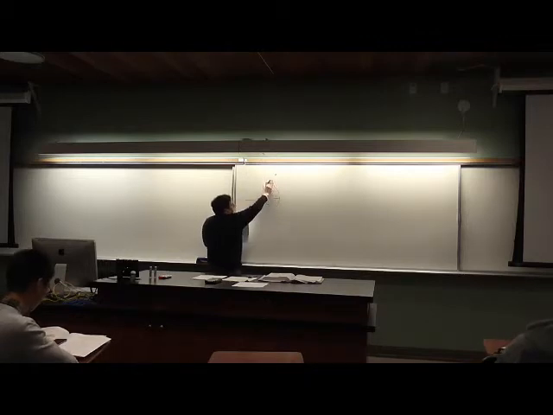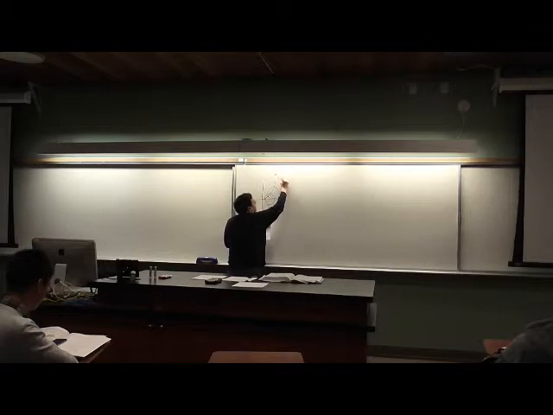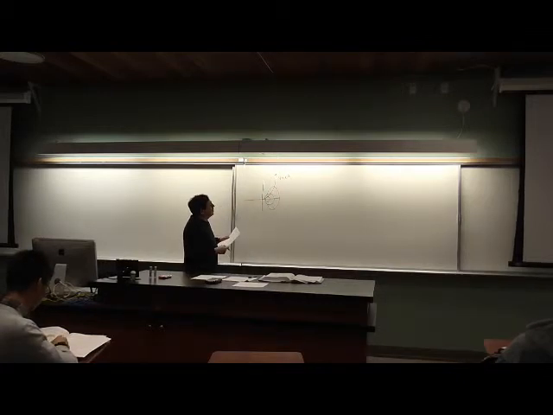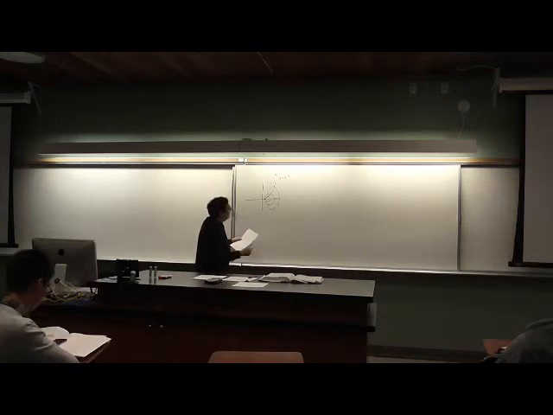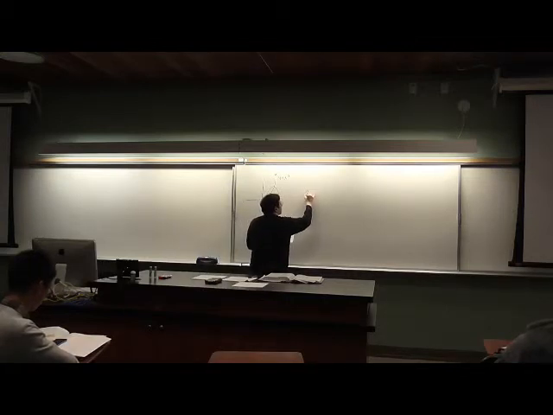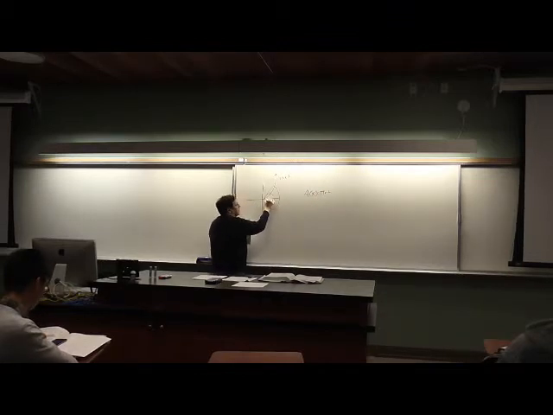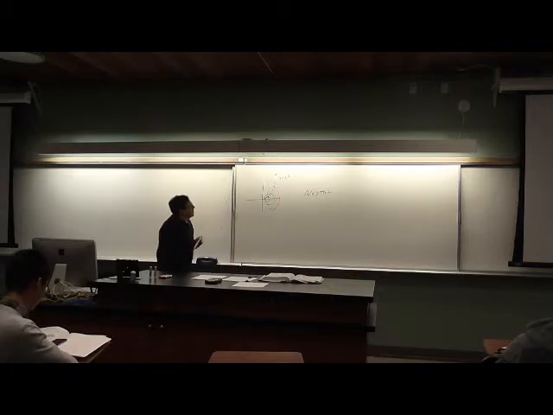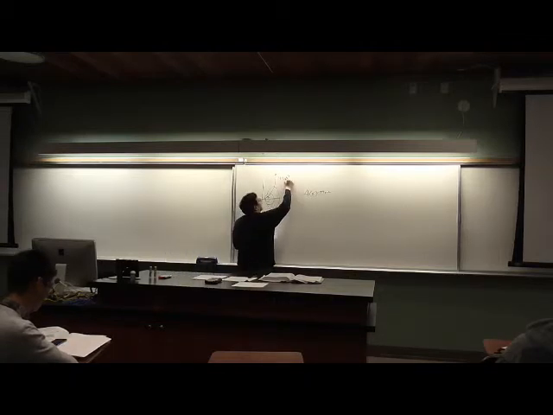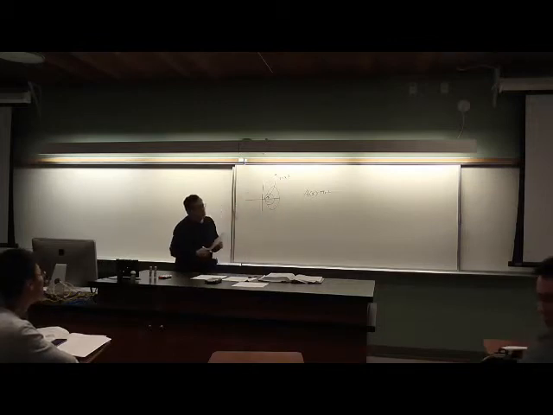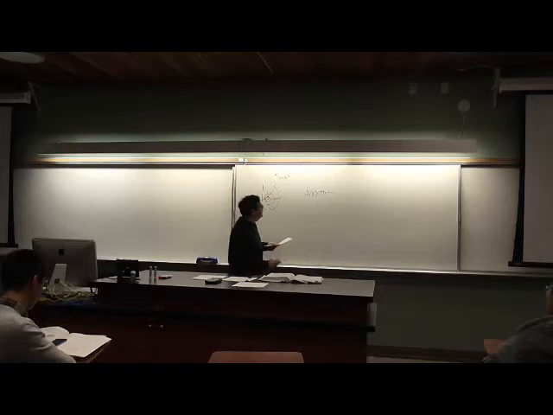I'm going to revolve this function y equals x squared around the x-axis. So my area is pi r squared, where r is x squared.